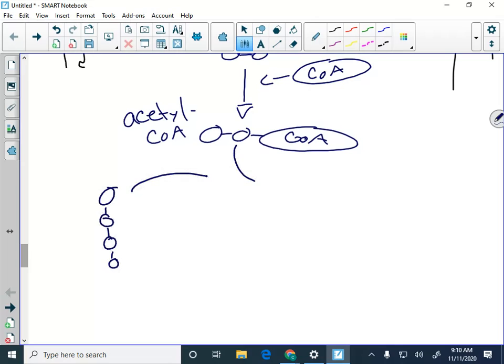Remember, our acetyl-CoA is going to get added to a 4-carbon molecule. We are going to get a 6-carbon molecule. And this is citric acid. That's a little wonky, but I promise it'll be fine.